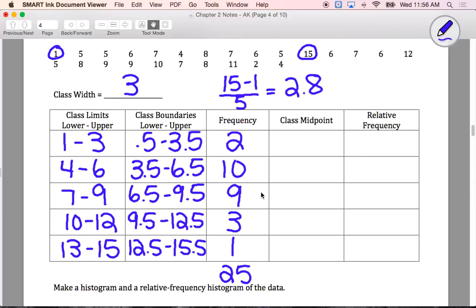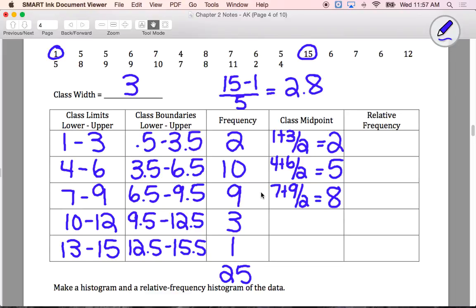For your midpoint, you take 1 plus 3, divide it by 2, and you should have gotten 2. 4 plus 6 gives you 5, gives you 8, 11, and 14. Your relative frequency then is your frequency divided by the total.